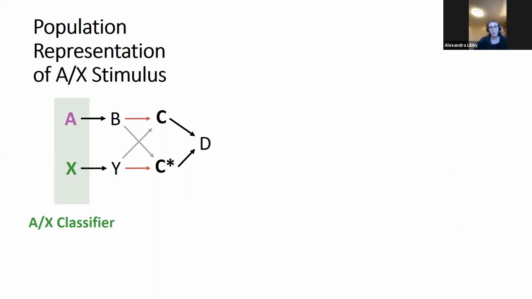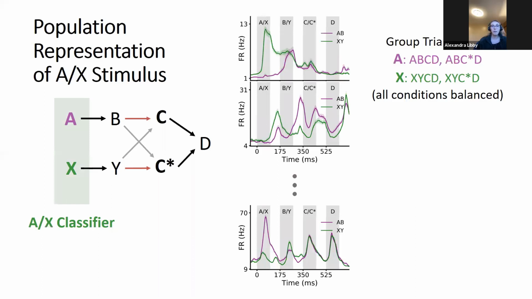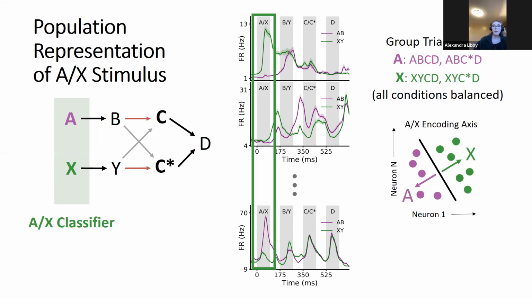So that is why we built the AX classifier. We take all of the neurons and their responses to these trial types. We take the average firing rate during the very beginning of the sequence when A or X is played, and we build a linear classifier to distinguish between the responses to A versus X trials.